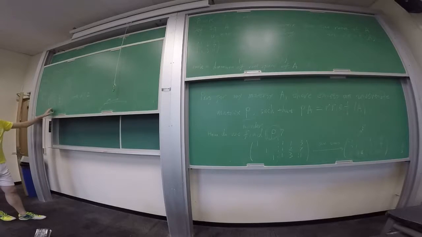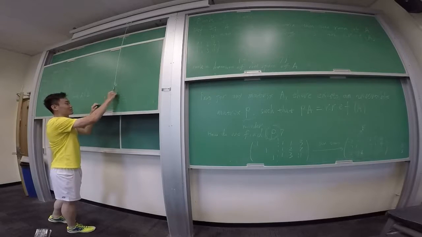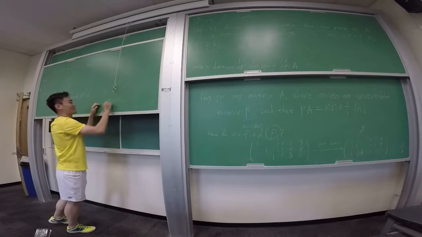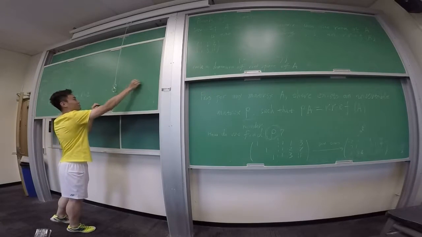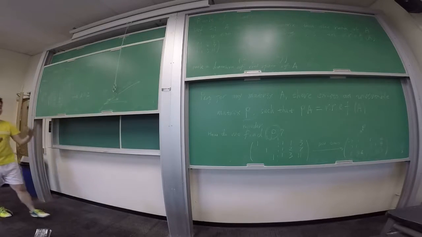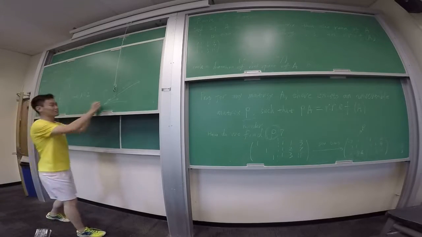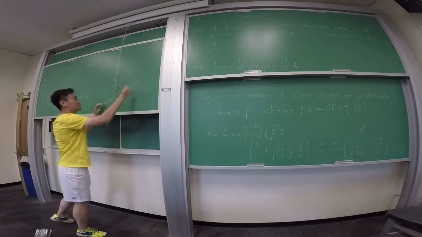So the last vector is some kind of linear combination of these 2.